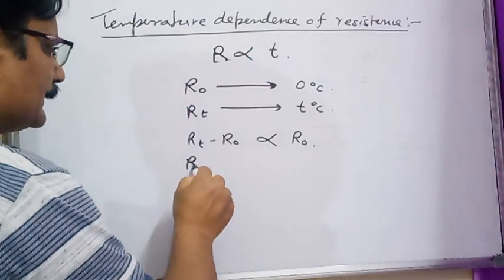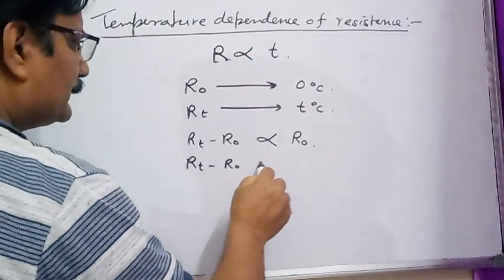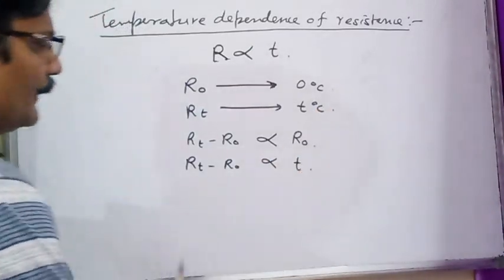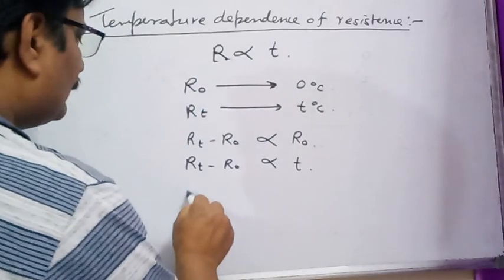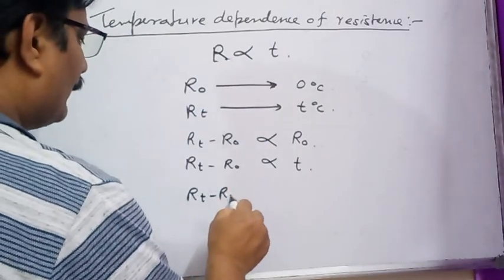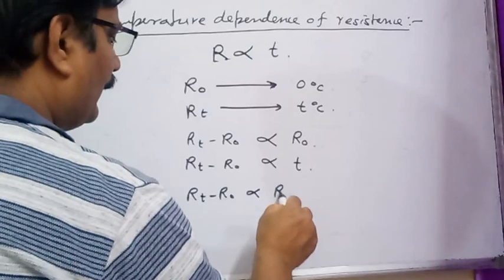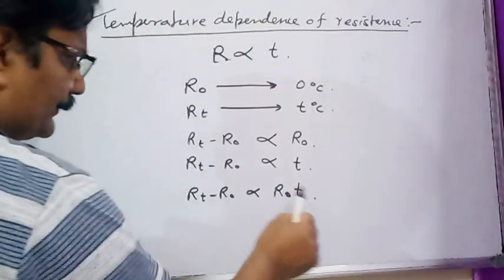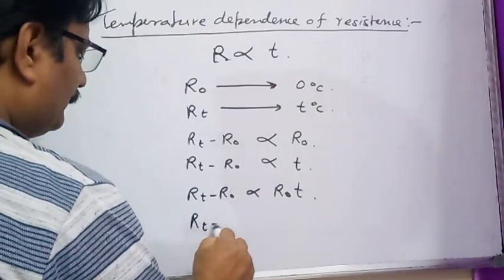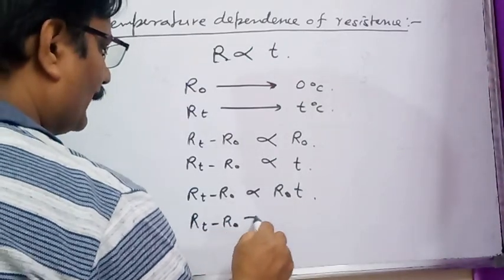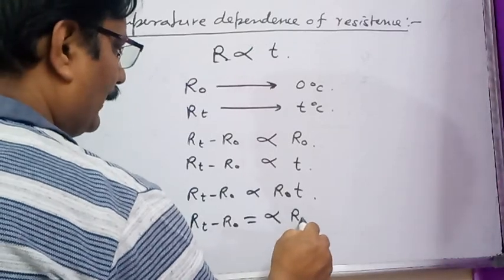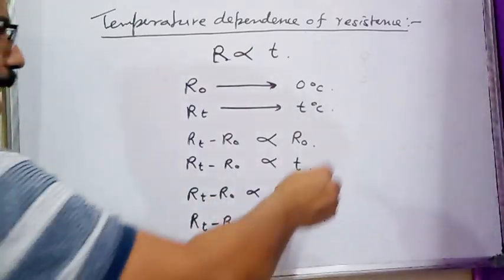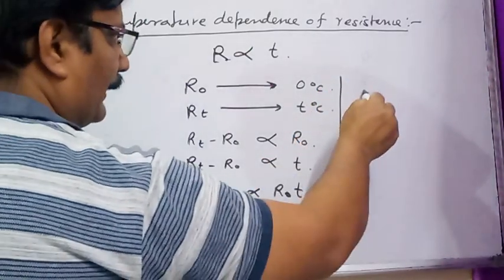And increase in the resistance RT minus R0 is directly proportional to rise in temperature, that is T. If we combine together, we can write RT minus R0 is proportional to R0 into T. If we take one proportionality constant, we can write RT minus R0 is equal to alpha into R0 into T.